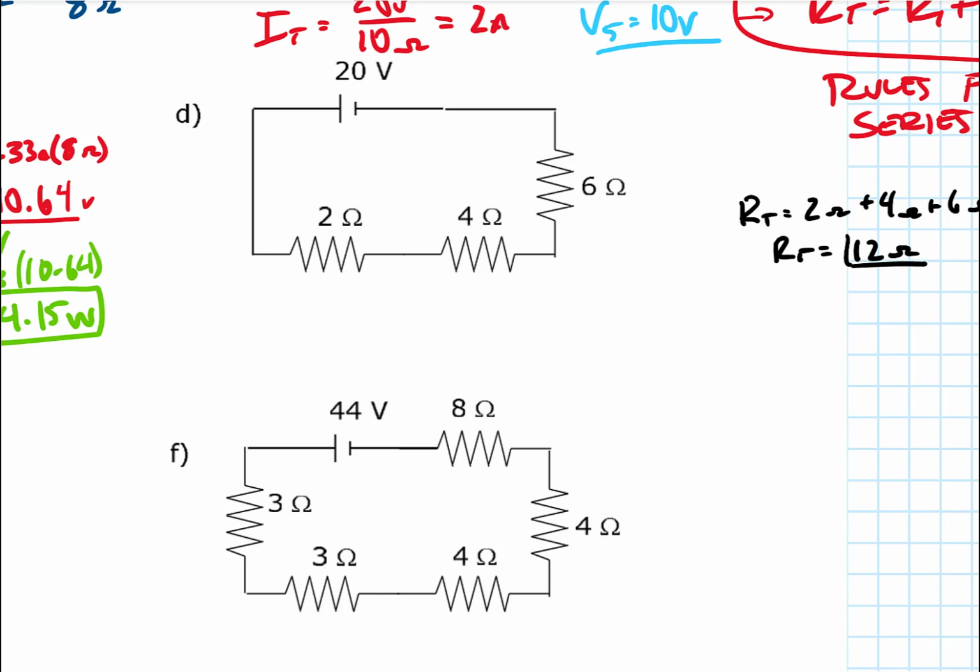That's our total resistance. Now that we have the total resistance, we can find the total current. So the total current is going to be the total voltage, 20 volts, divided by the total resistance, 12 ohms. So the total current comes out to be 1.66 amps. And because this is a series circuit, that means the current through each one of these is 1.66 amps.